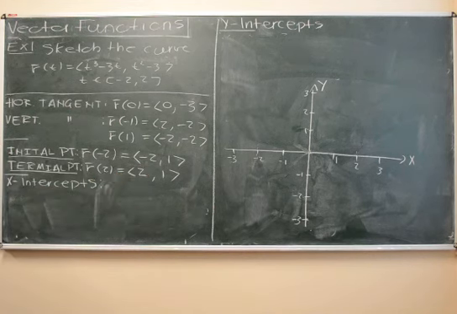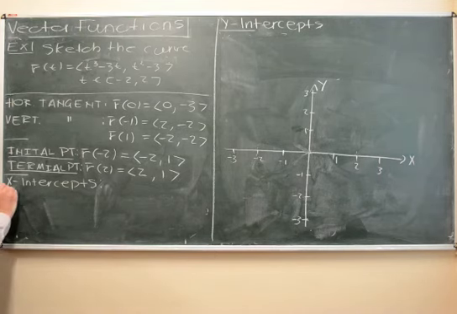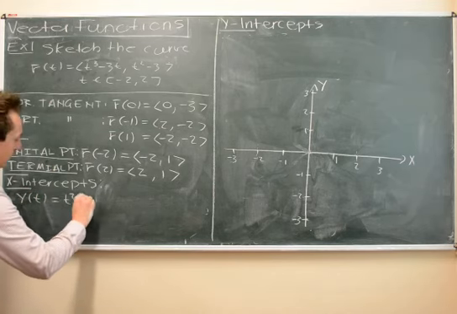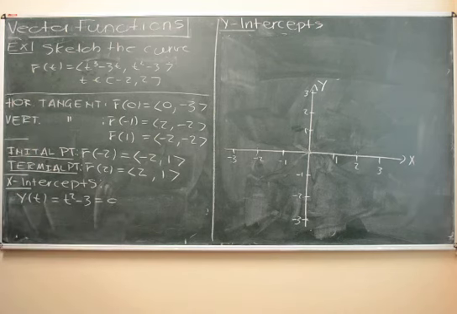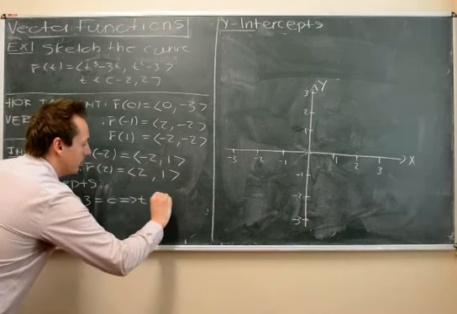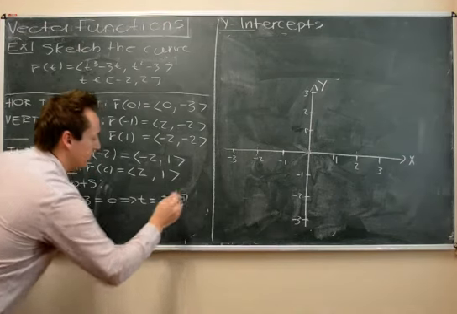Now next we need to find the intercepts with the axes. So where will this curve cut the x-axis? We're looking for the x-intercept. Well, that's when y is equal to 0. So we put y of t equal to 0, and we see we get two values for t, plus or minus root 3.